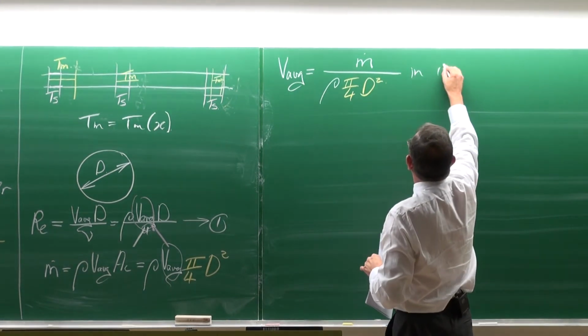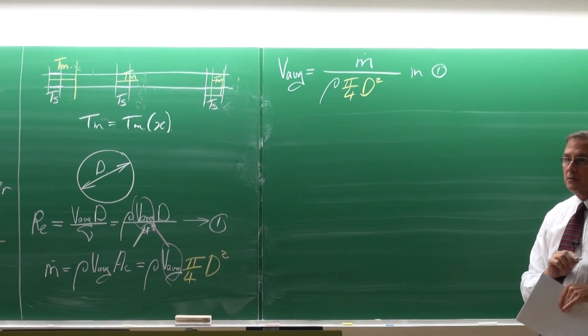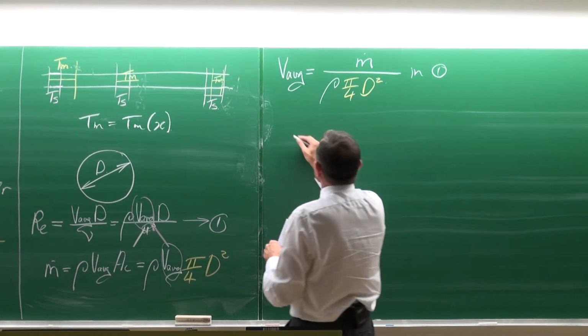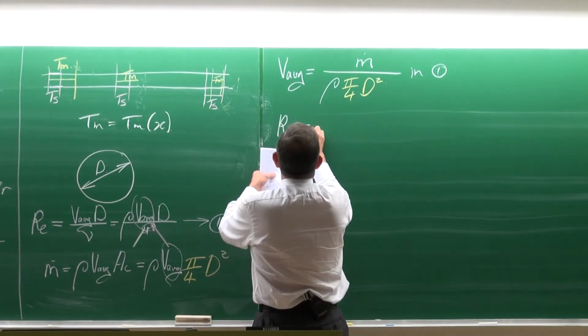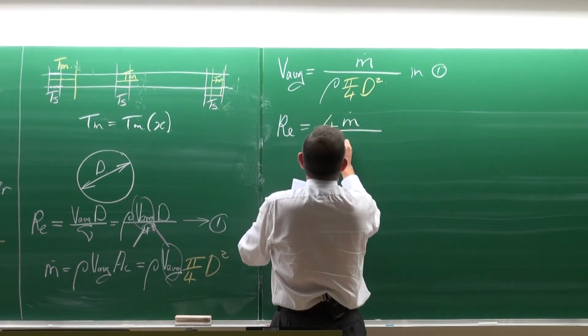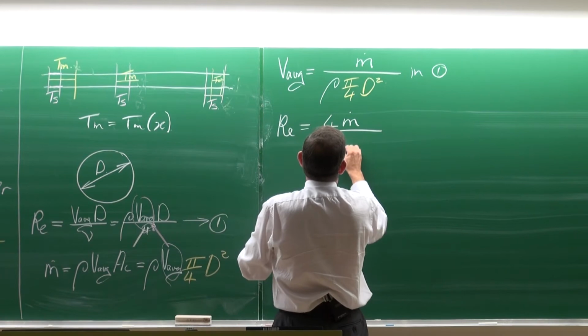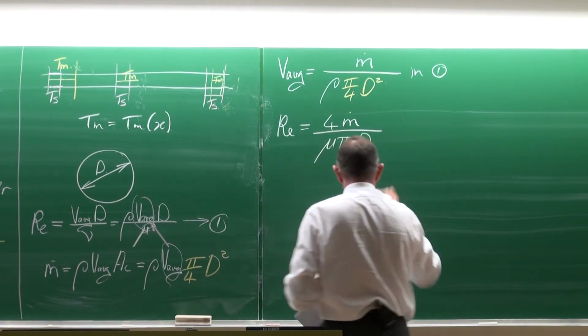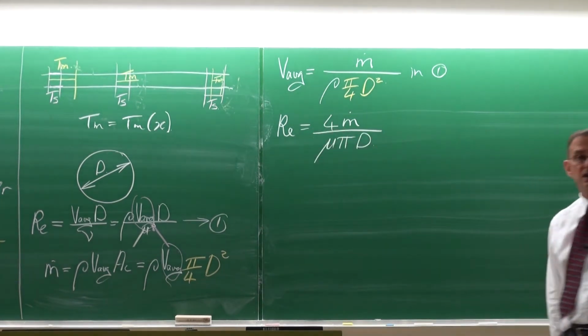Let's put that into equation 1, and the result is that the Reynolds number can now be written as 4 times the mass flow rate divided by the viscosity times pi times the diameter. You see that?